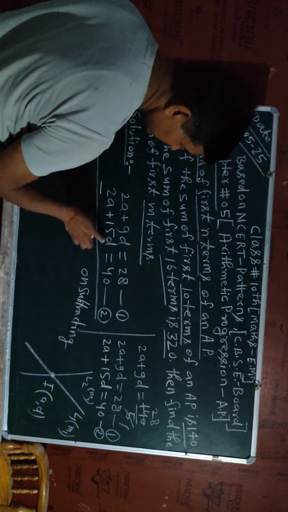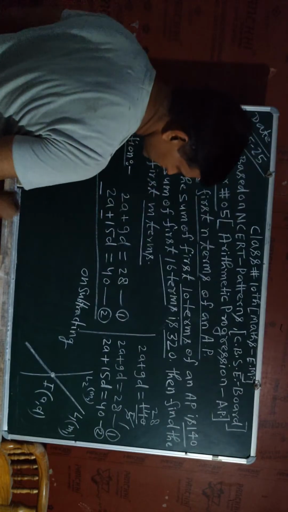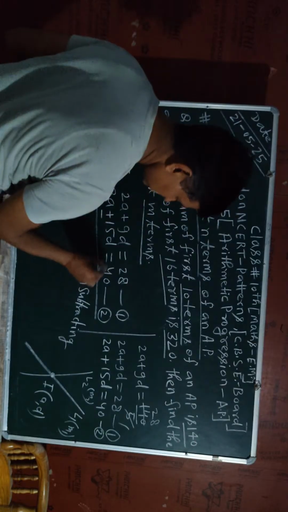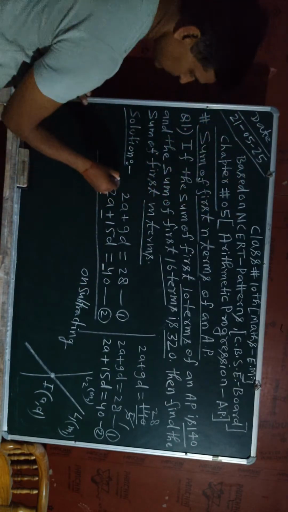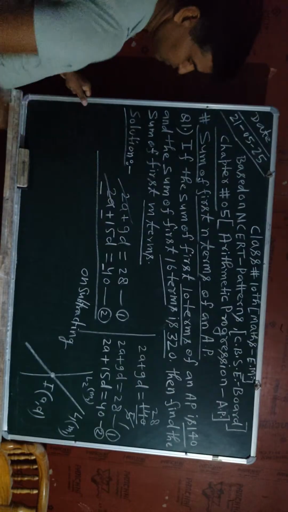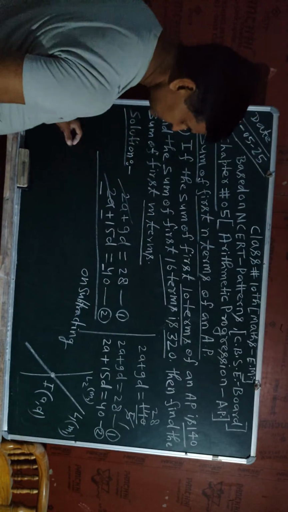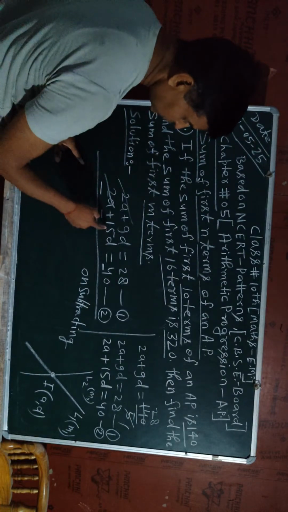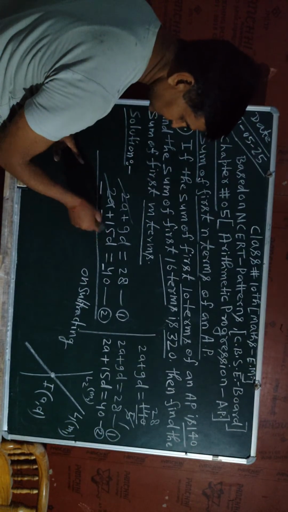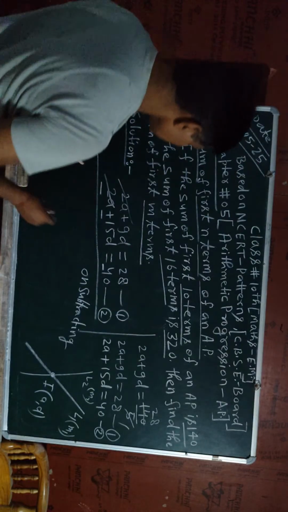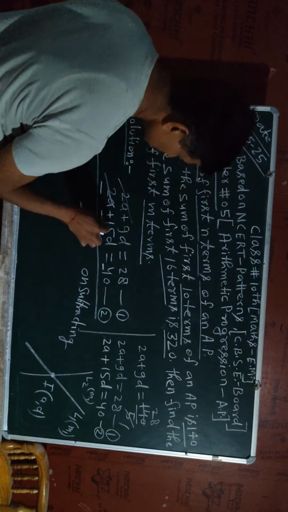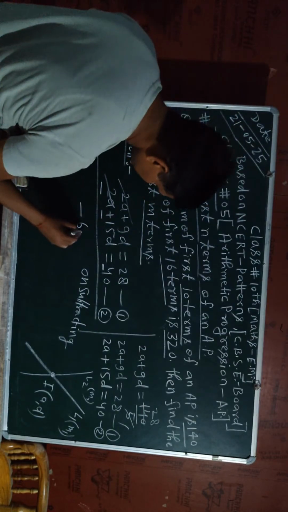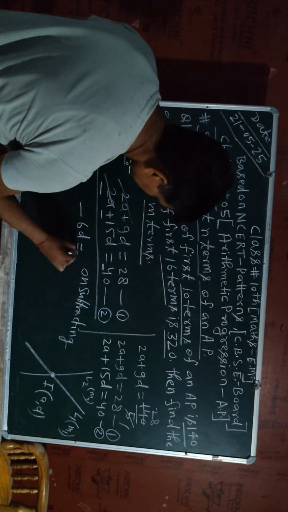Now 15b has sign plus, so I will put minus here. Now 40 has sign plus, so I will put minus here. Okay student, here plus and minus signs will come, because both have the same value but opposite signs. Now here 15b has sign minus, so I will subtract, and it will be minus 6b.